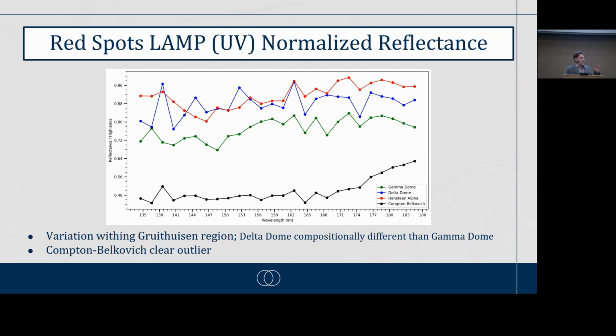So we see that the delta dome is possibly like Hansen Alpha, so that could be in terms of silica composition. But like I said, the gamma dome has these two large impact craters that may be affecting this signal from the region that I averaged.